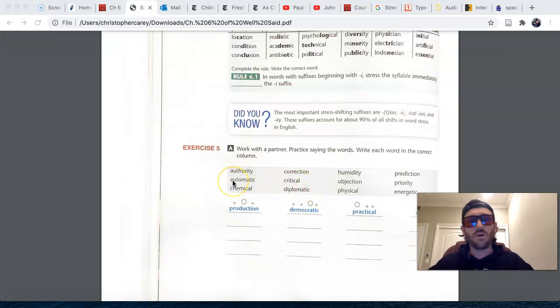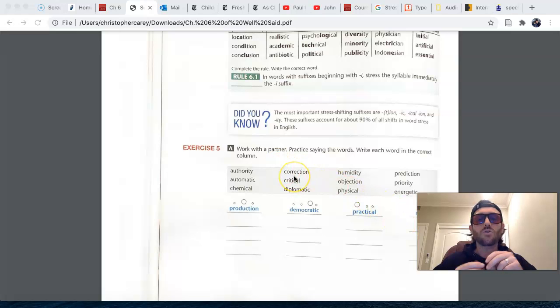So for example, authority. Authority is 4 syllables, and the second syllable is the strongest, right before the ity. That belongs in this column.